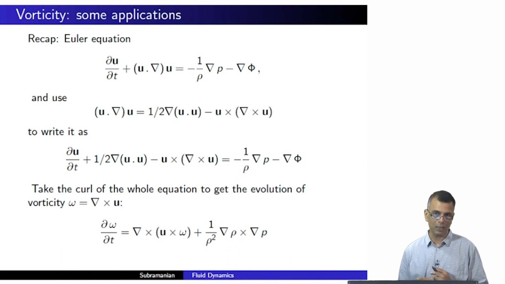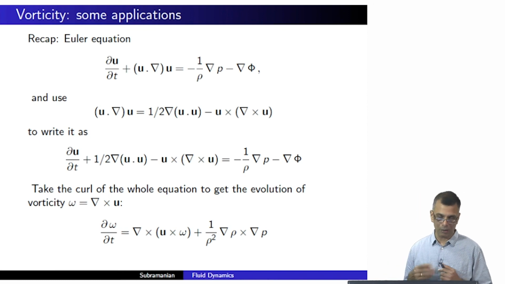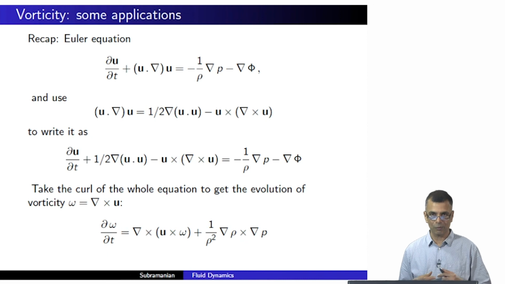This is something that people who play tennis with topspin are familiar with. We will discuss this when we come to it, and in order to understand that, we need to understand vorticity and the evolution of vorticity.